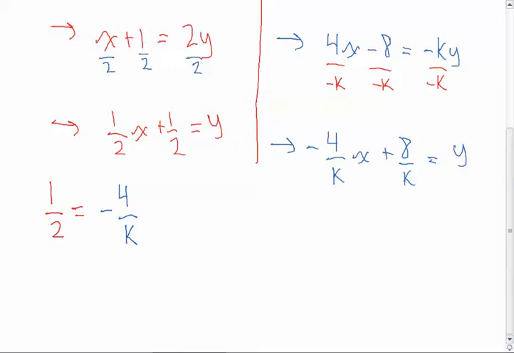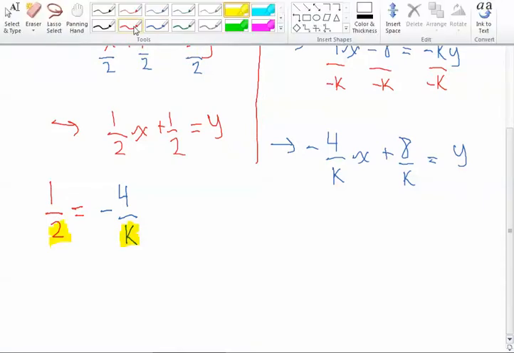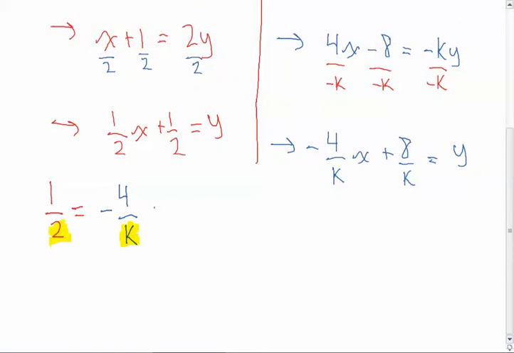And then think about our ratios here. If you're having trouble seeing this, think about what's in our denominators. What's your common denominator? In our denominators we have both 2 and k. So the common denominator is 2 times k. So I'm going to multiply both sides by 2k over 1.